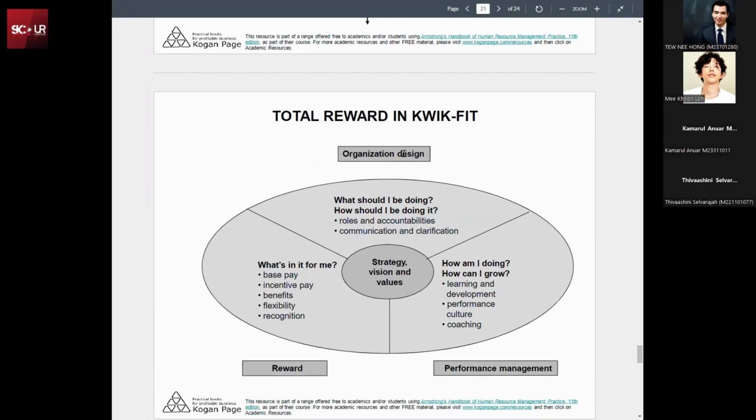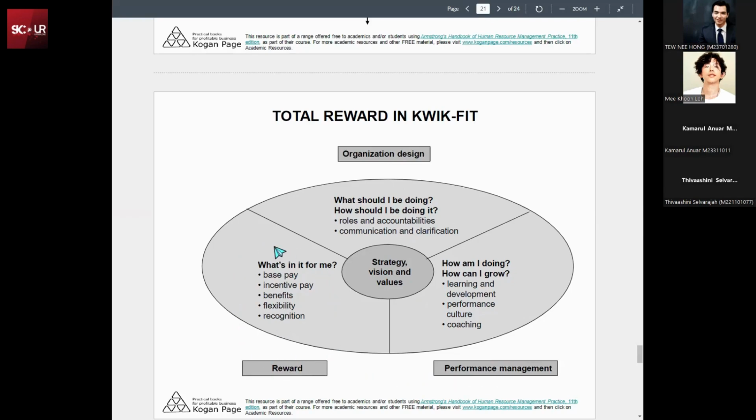of the job itself. We design the portfolio, we design the job, we design the job description to make sure it is clarified with the strategy of the organization. Then after that, we align with the system that we have.